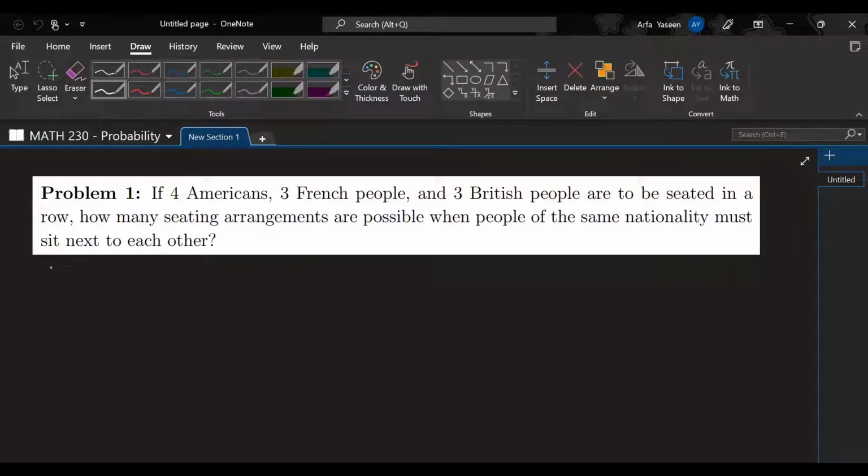The key point in this question is that all the people here, the Americans, French, and the British, are distinct human beings. So even though there are three identities, we have to also account for the internal arrangement of these three identities.